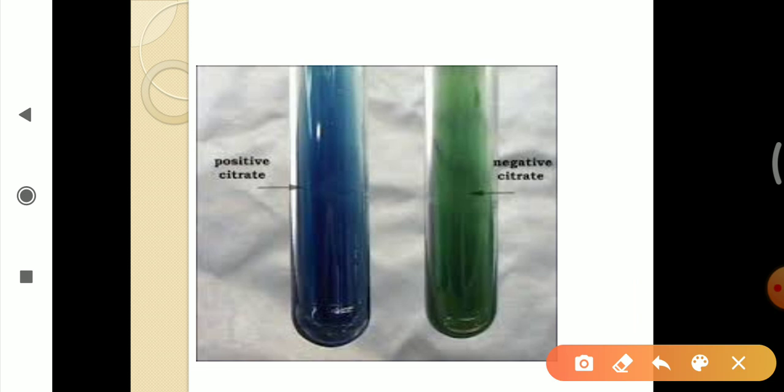This is the Simmons citrate agar slant, which is originally green in color, and here we have already streaked our culture. If the organism has the citrate permease enzyme, it will carry out those reactions and produce an alkaline compound, so the pH will rise and the bromothymol blue will turn blue.